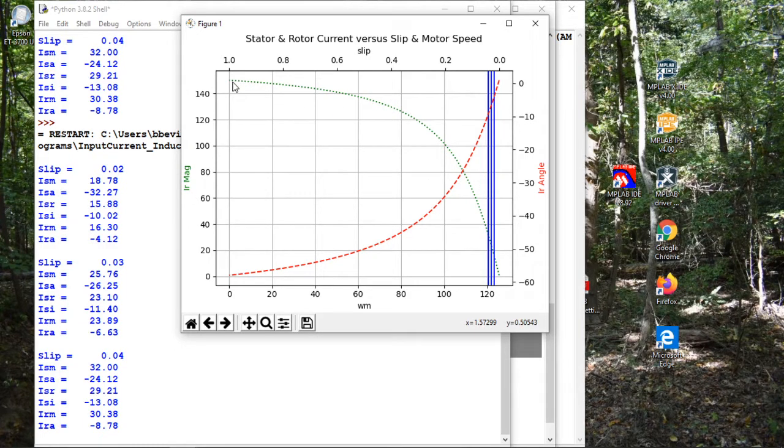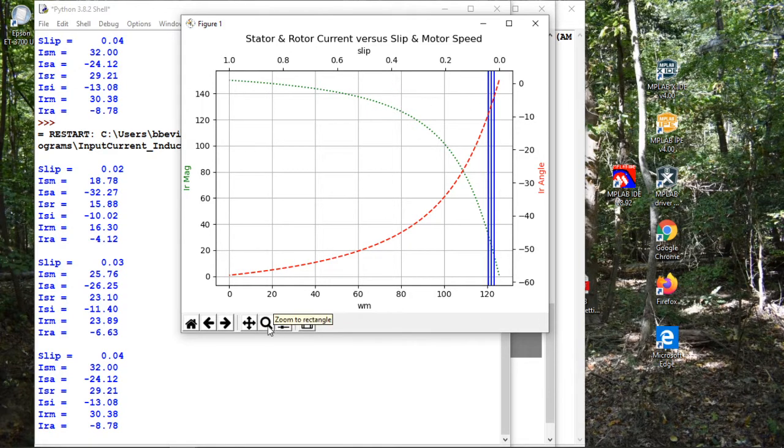And here again, notice that IR is pretty high. This was pretty close to what we saw for the stator current. So when it's locked rotor, the rotor current and stator current are pretty close to the same, and it's following the same kind of pattern.